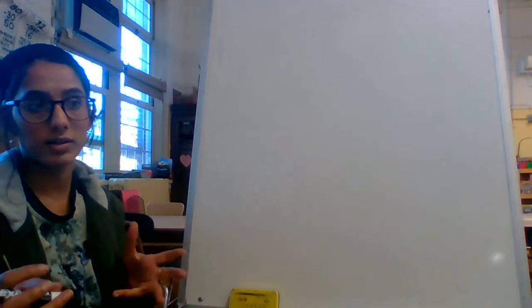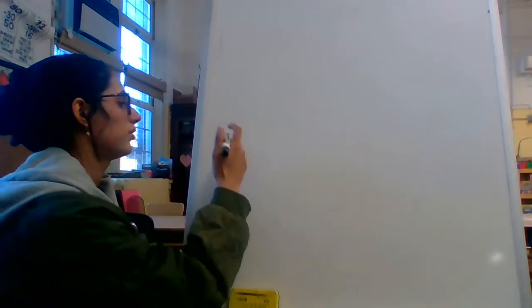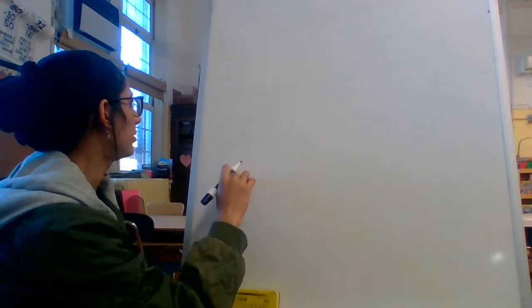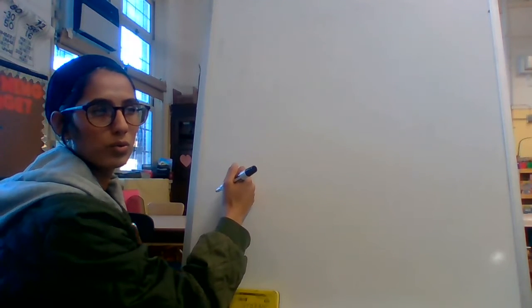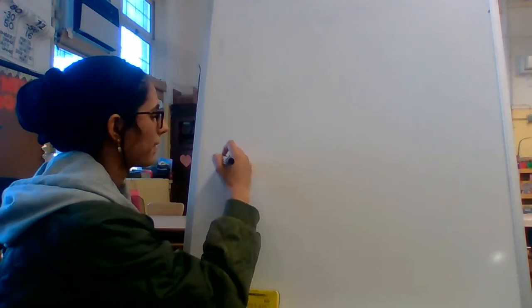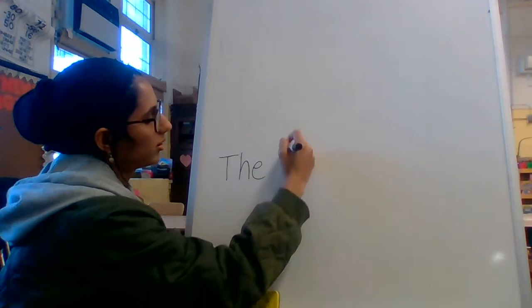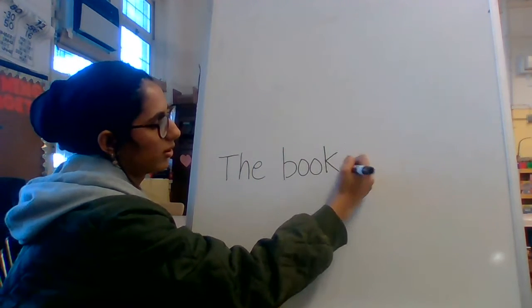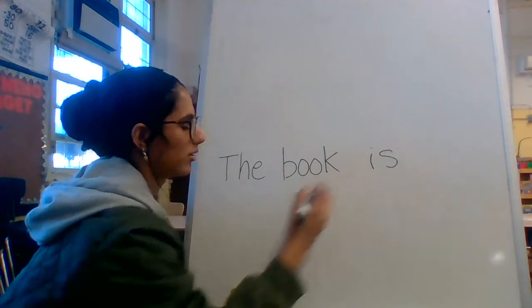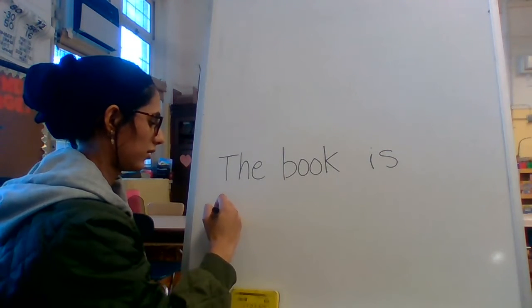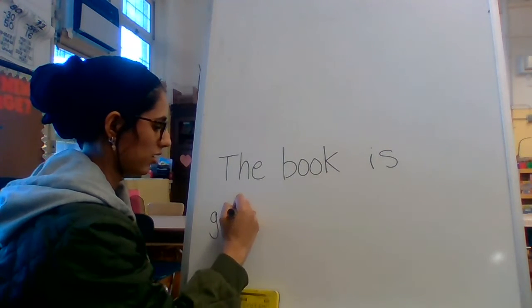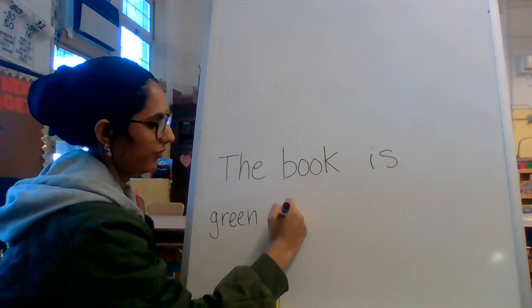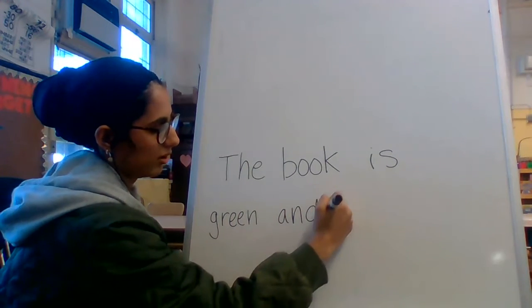All those words are adjectives. They're describing the noun. All right, so I'm going to say the book is green and heavy.